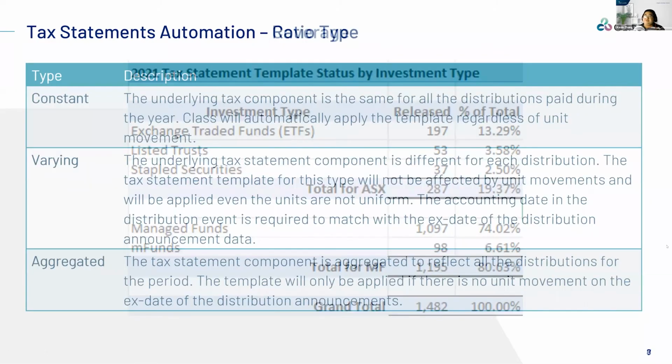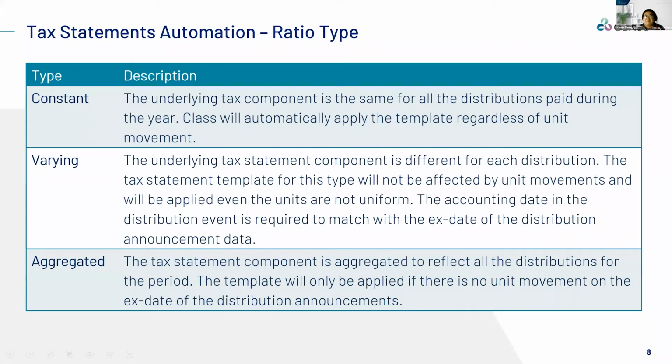Before we start the demo of the tax statement functionality within Class, I do want to briefly touch base on the ratio types. Each tax statement template that we provide has a unique ratio type, and they are constant, varying, and aggregated. I will go through briefly what each type of ratio means. Constant means the underlying tax components are exactly the same regardless of how many distributions they're paying.